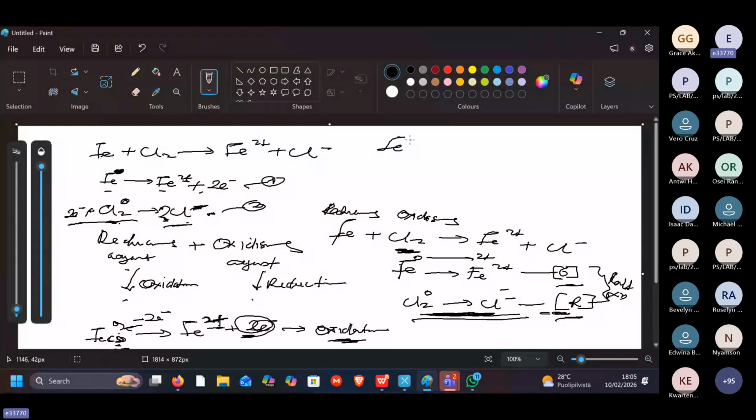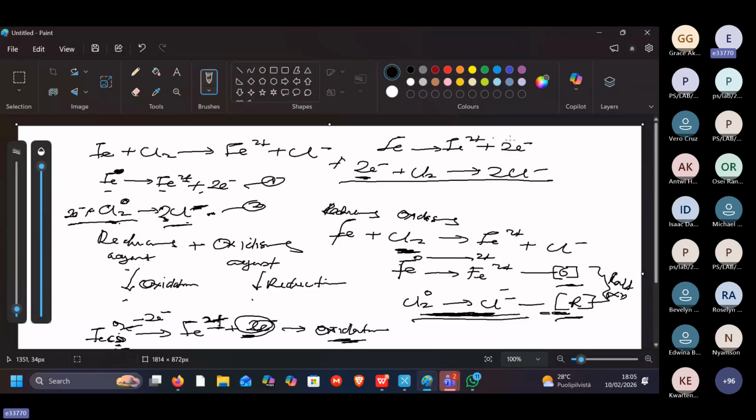So Fe moving to Fe2+ plus 2 electrons, and then I'm adding it to 2 electrons plus Cl2 moving to 2 Cl-. If I want to put everything together, there are 2 electrons on my left side.